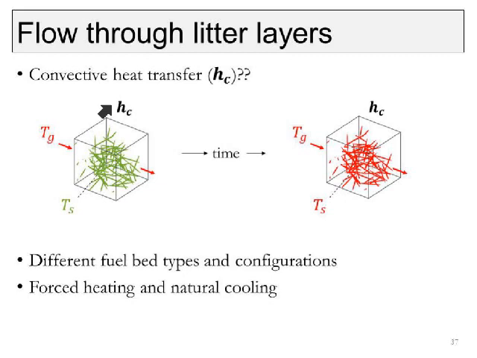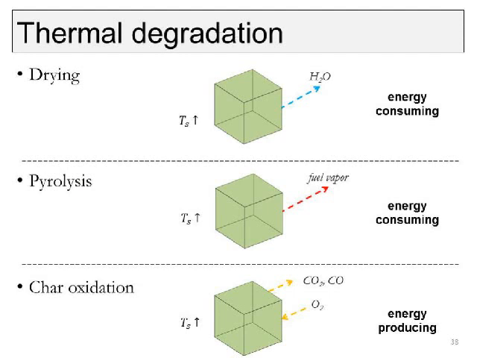And then really briefly, this last point here, I don't want to get too much into the details because this is very preliminary, but we've started also looking into the thermal degradation side of the modeling. So if we have that computational cell of vegetation and we start to raise its temperature, just like I showed in that simulation of the fuel bed, first we start to release moisture from the fuel, and that process is going to consume some energy. We then raise the temperature further, and we start to release some fuel vapor in pyrolysis.